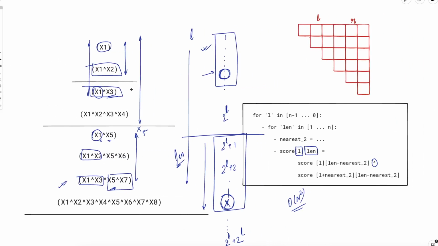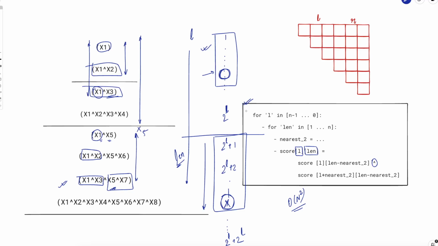So we noticed some pattern, and with this pattern we were able to come up with a simple pseudocode that can give us the score of every subarray in just order n square time, right?